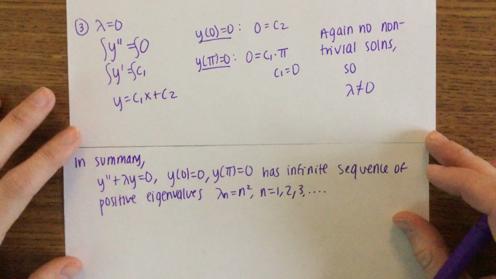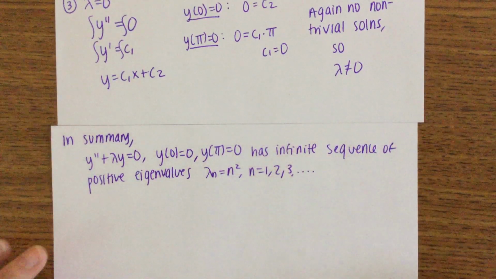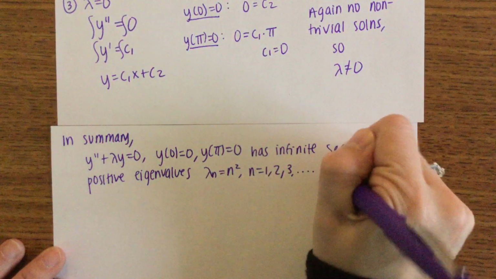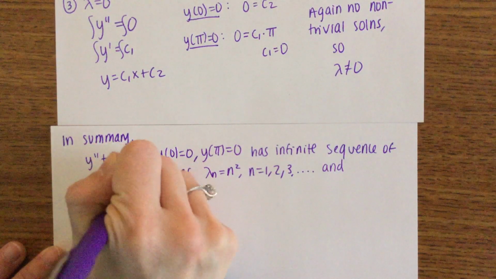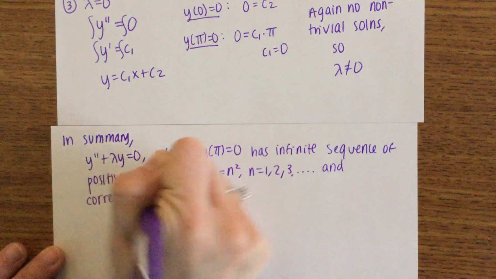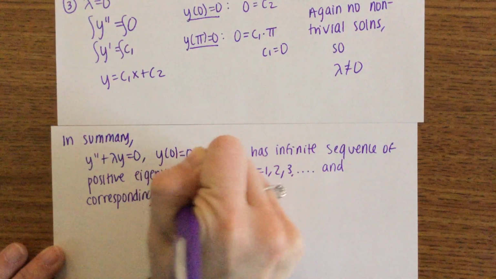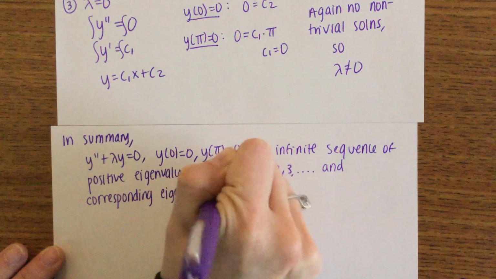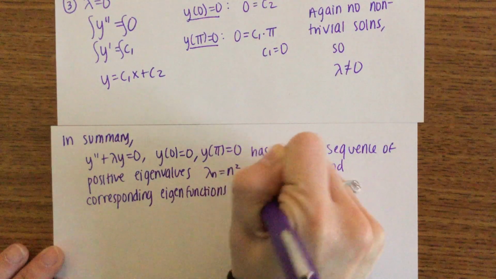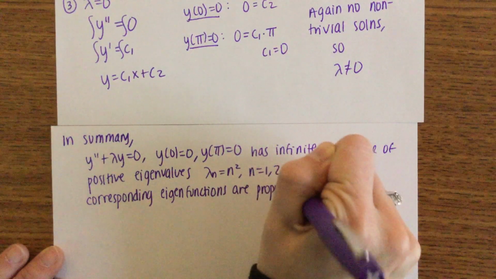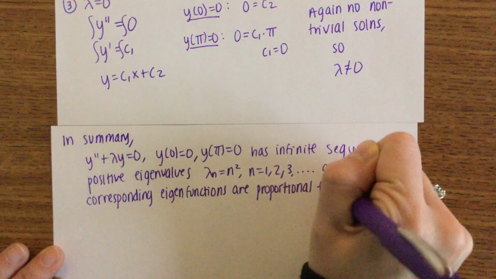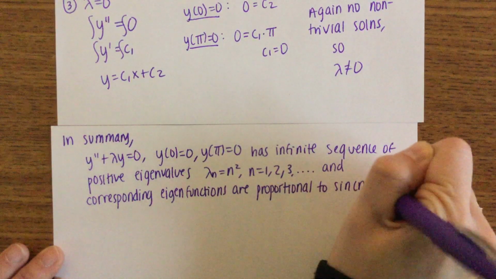So before we used mu. And the corresponding eigenfunctions are proportional to sine of nx.